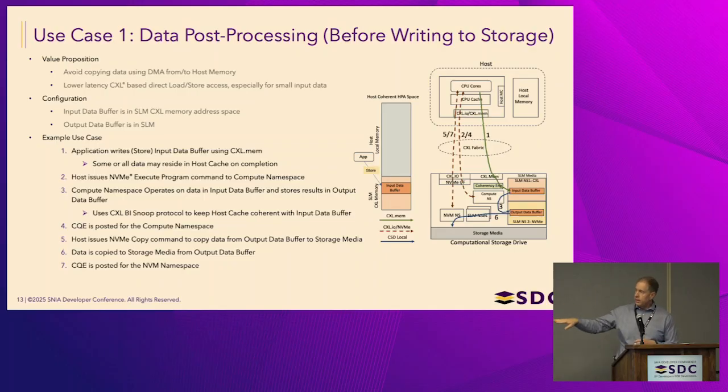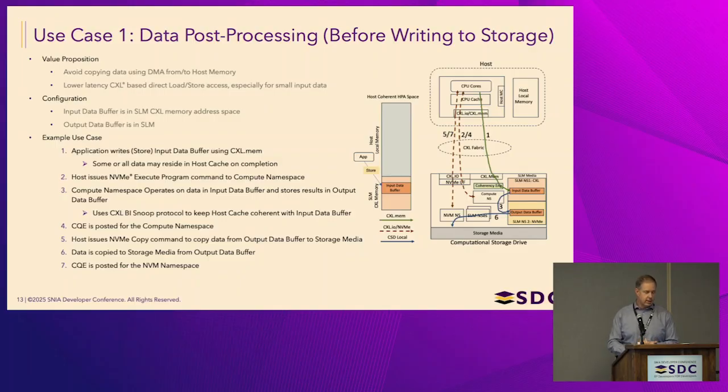And then underneath that, we have a computational storage drive, which, like I said, the only benefit is that there's a lot of SLM memory that would go into a computational storage drive, so it just makes for a great way to show examples. The computational storage drive has all of the usual components that would be required in an NVMe-based computational storage drive.